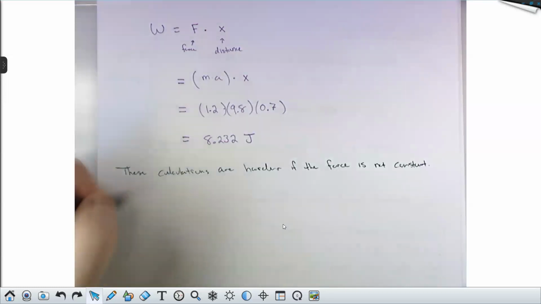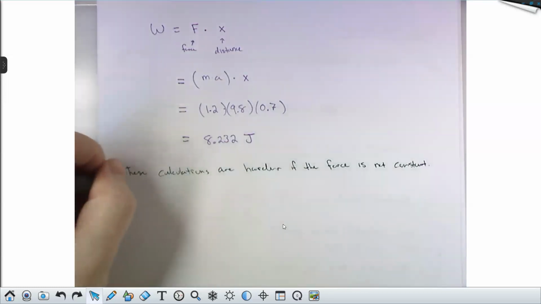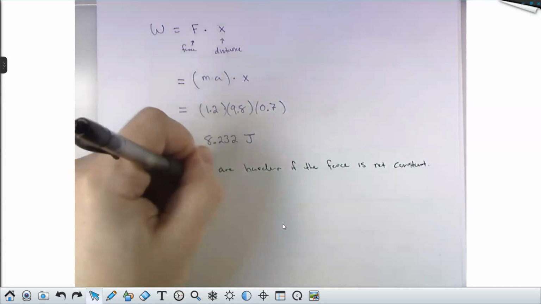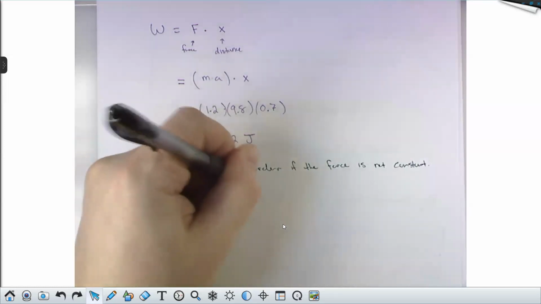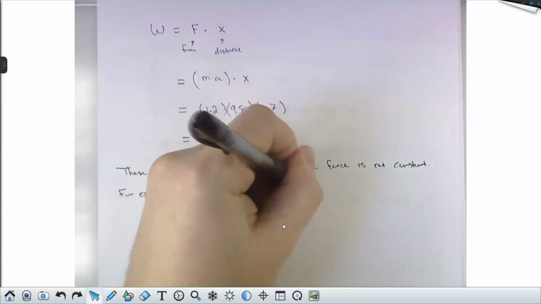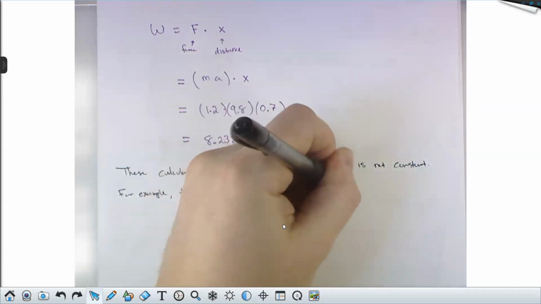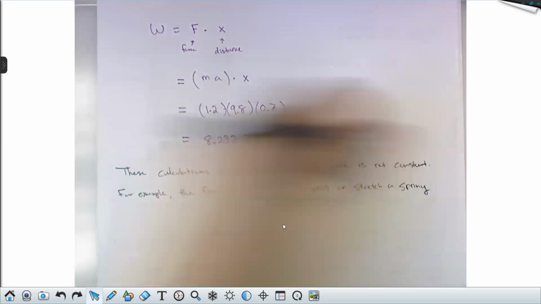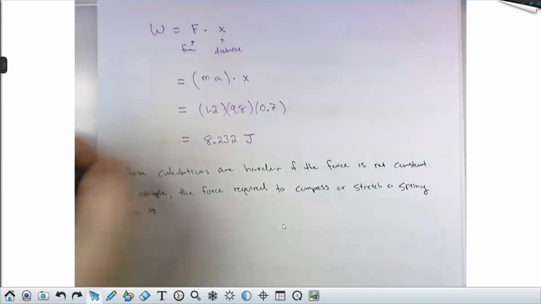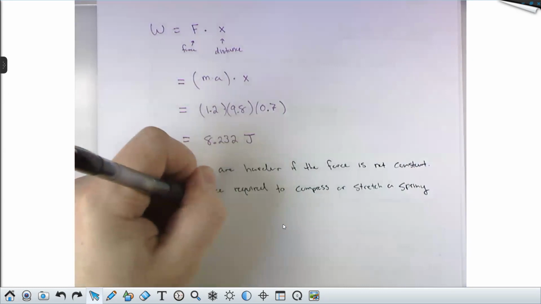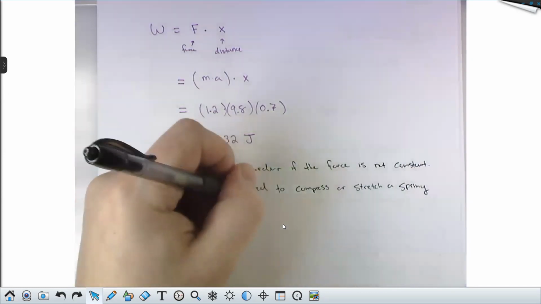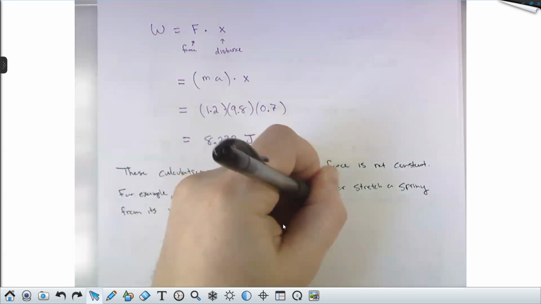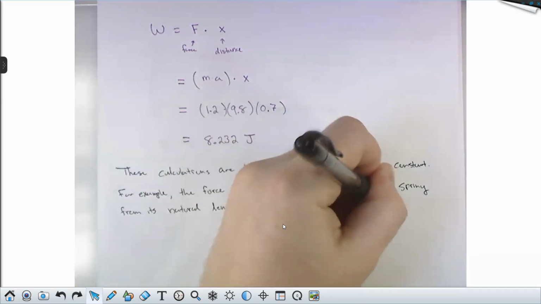So if I take a spring, for example, the force required to compress or stretch a spring from its natural length increases the further you stretch or compress it.